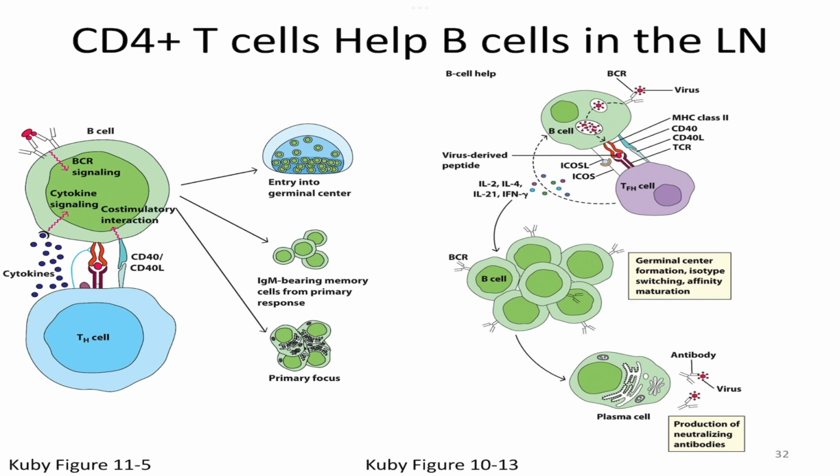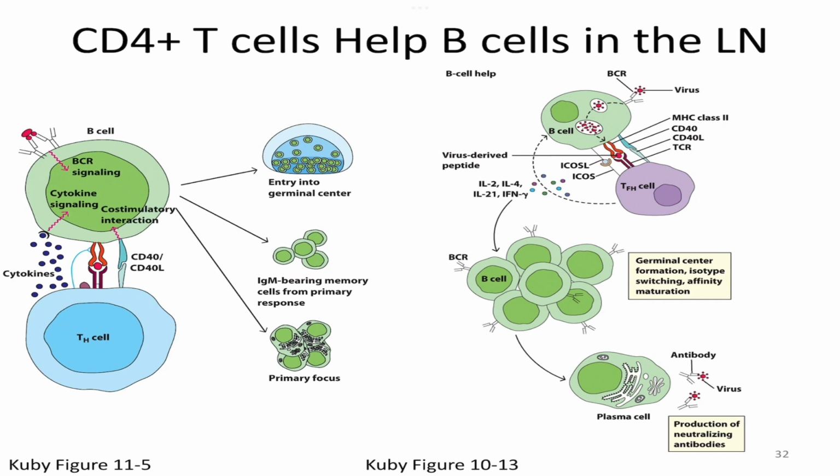And so you can see that B cell will receive signal from its antigen. However, that B cell is in fact an antigen presenting cell. Remember when we talked about MHC class 2 presentation that I told you that B cells are able to internalize the antigen using receptor mediated endocytosis and present that antigen on MHC class 2.